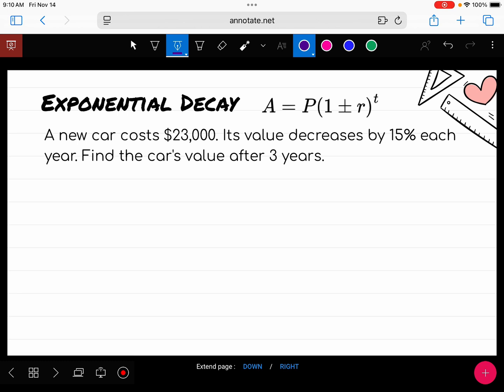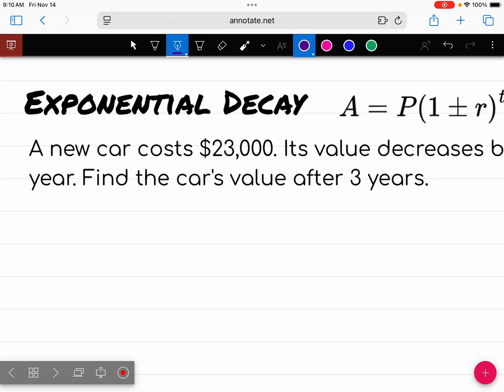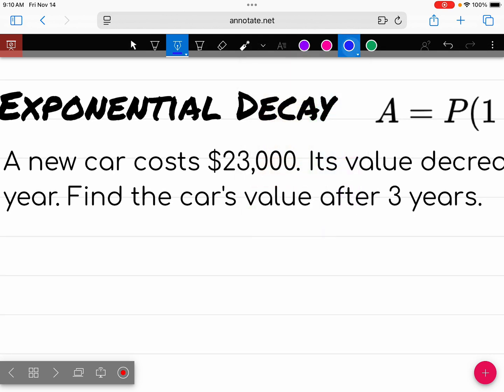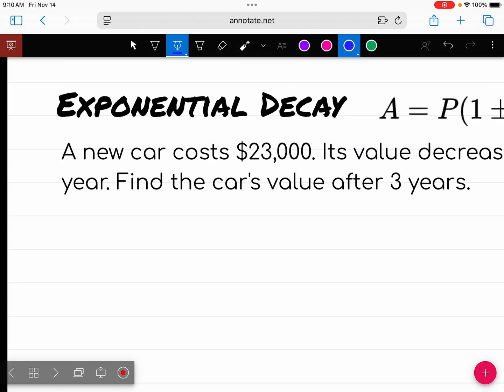All right. So let's get our generic equation for this. Our amount is our $23,000. That's our starting amount, the principal balance on our loan.